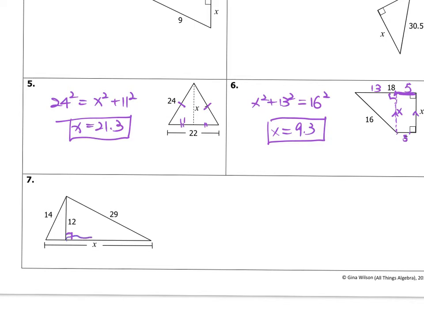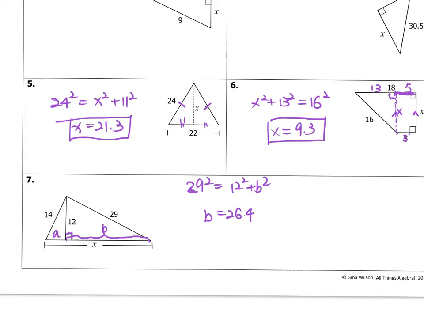So then I know I can solve for this, right? If I call this side A, I could call this side B. Let's go for B first. So I have 29 squared should equal 12 squared plus B squared. And B comes out to be 26.4.